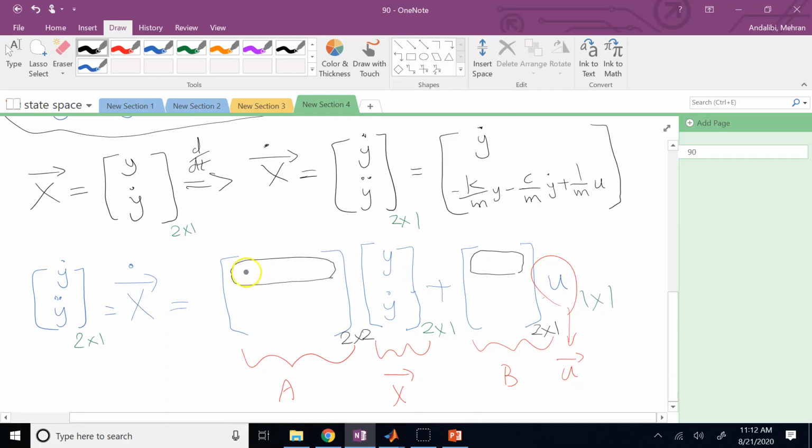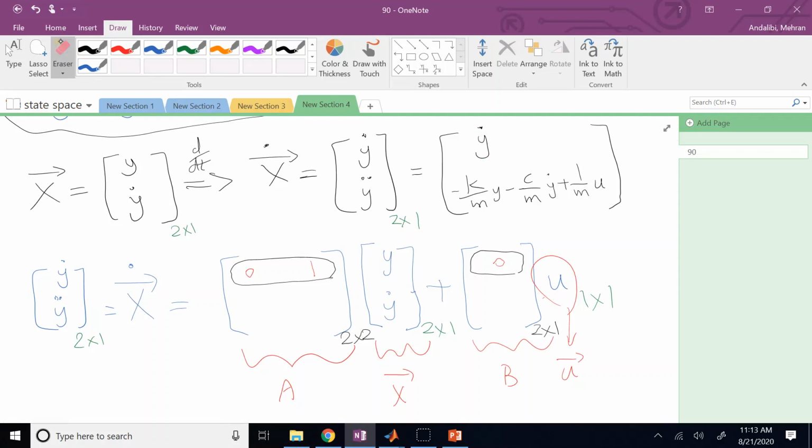If I multiply anything other than 0 by y, then I have something times y plus something times y dot plus something times u. That is not going to be equal to y dot. So all I need is I multiply a 0 by y, I multiply a 1 by y dot, and I multiply a 0 by u, right? If you just carry that, 0y, 1y dot, 0u, so it's going to be y dot equals y dot. Life is good.